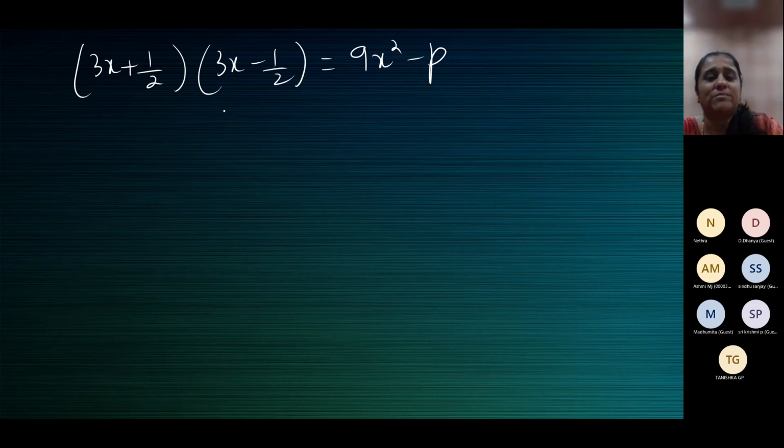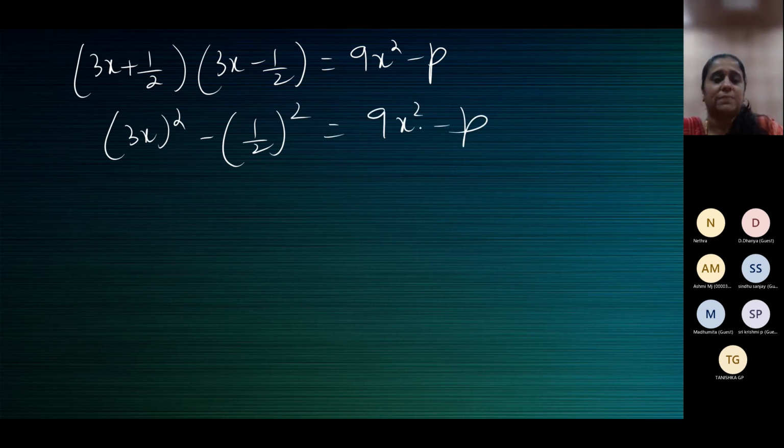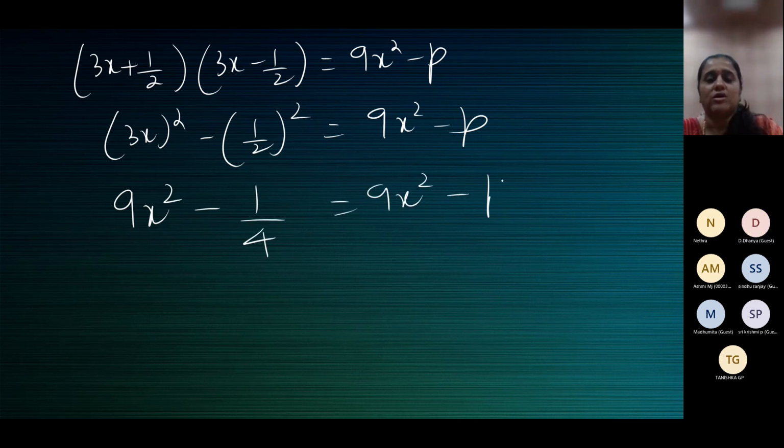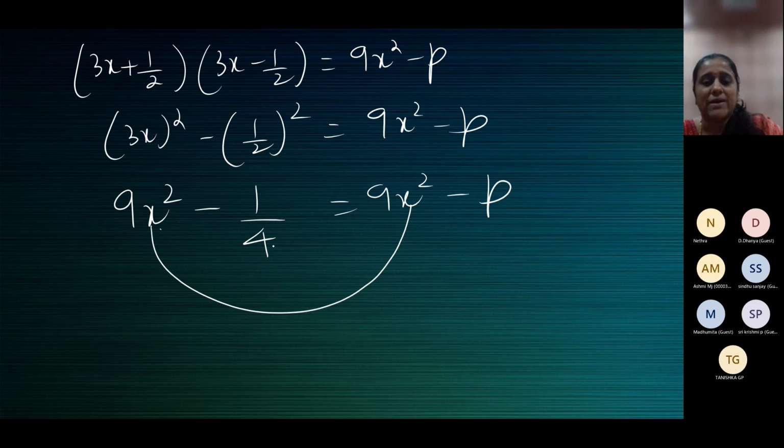So a plus b into a minus b is a square minus b square. So 3x the whole square minus 1 by 2 the whole square is equal to 9x square minus p. So 9x square minus 1 by 4 is equal to 9x square minus p. On comparing both the sides, 9x square, 9x square. So that means minus 1 by 4 is equal to minus p.